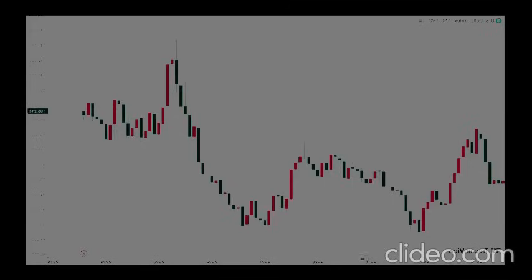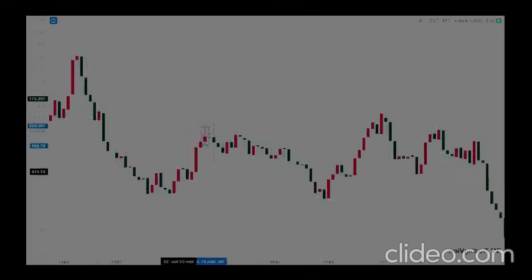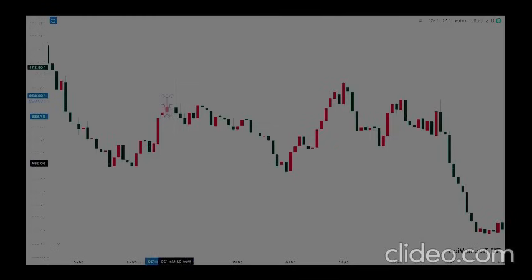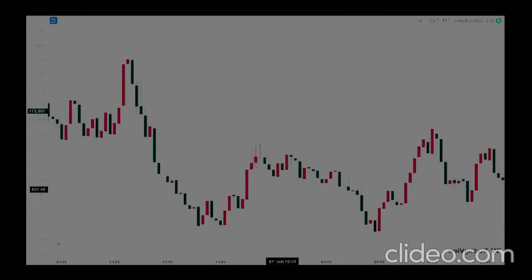By using these tools, I can show you guys one important thing here. I can show you guys one thing here.